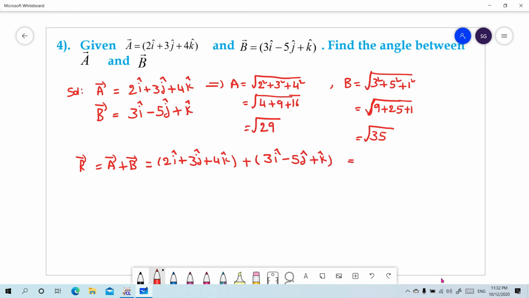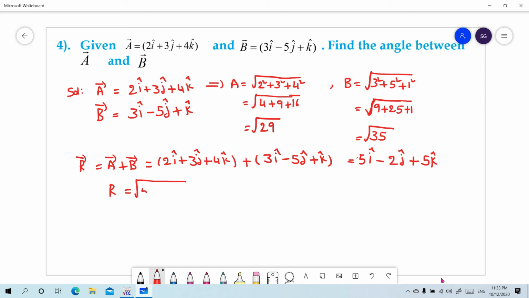That equals 2 plus 3, 5i cap; 3j cap minus 5j cap, minus 2j cap; and 4k cap plus k cap, 5k cap. So r bar is equal to 5i cap minus 2j cap plus 5k cap.